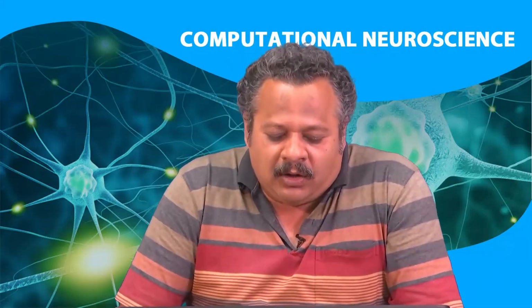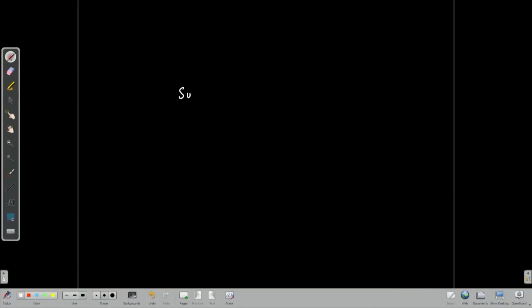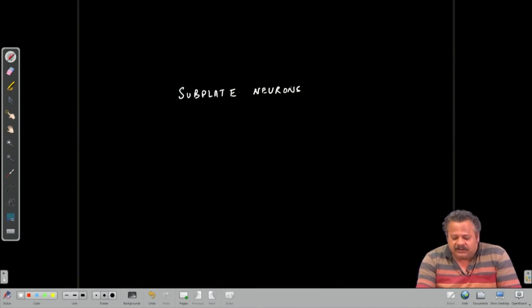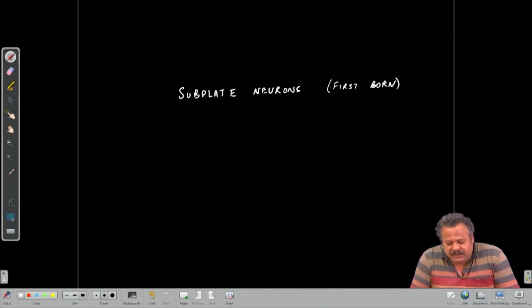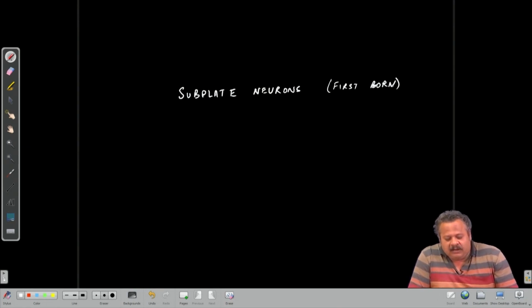This is from one of our own work, and so if you recollect, we had said that there are a set of neurons called subplate neurons in the cortex, in the cortical region, which are the first-born neurons, and they are transient in nature in the sense that they die after a certain period of time, and their existence is coincident with what we know as critical period.